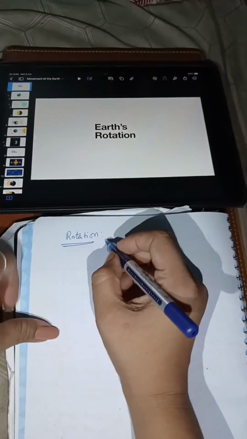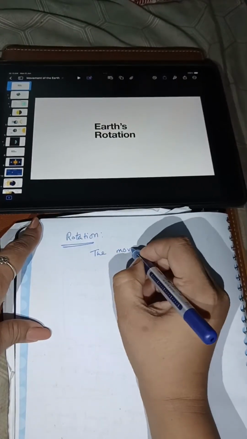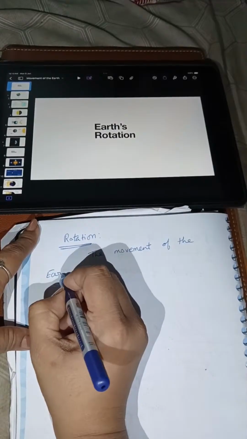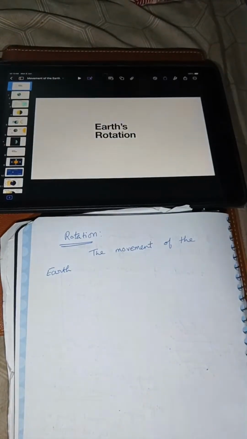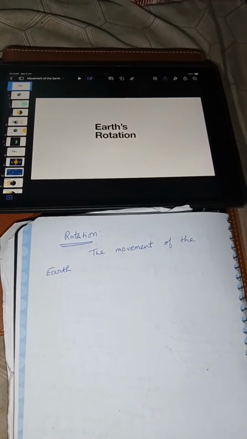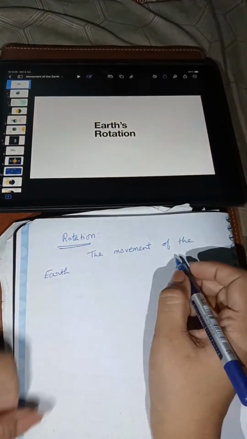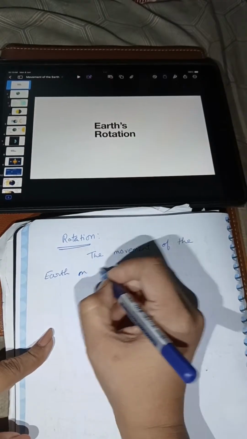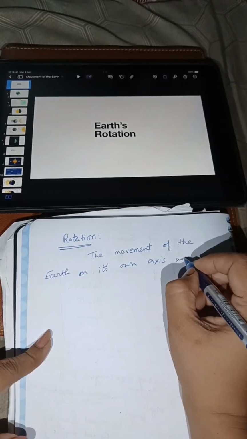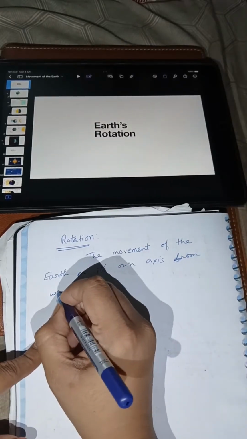Rotation is the movement of the earth on its own axis from west to east.